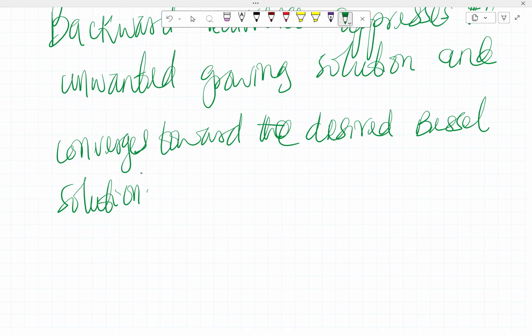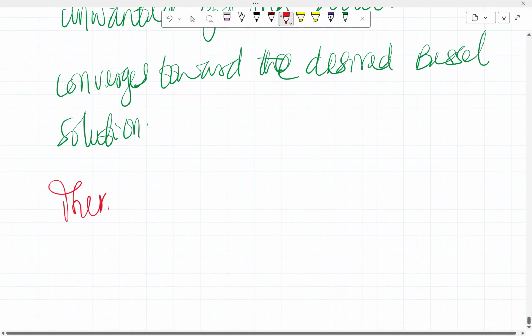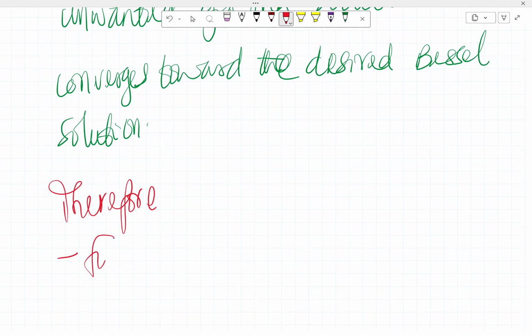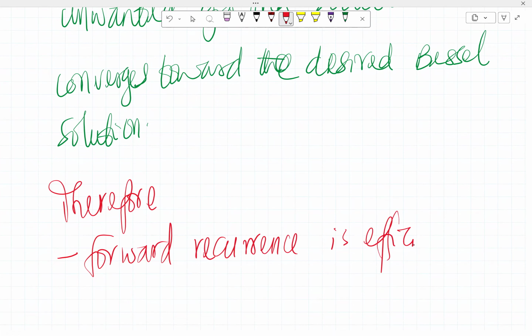So in essence, we can see that forward recurrence is efficient for small orders, right? I think I should write that. Therefore, first, forward recurrence is efficient for small orders.